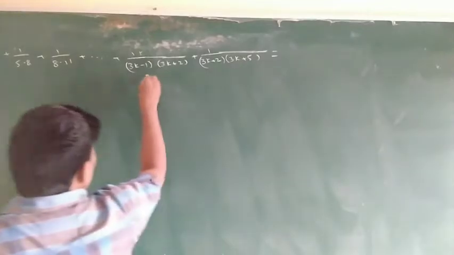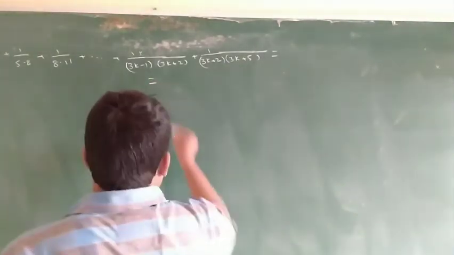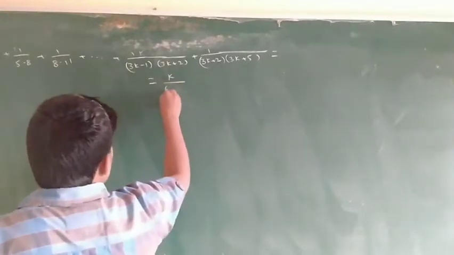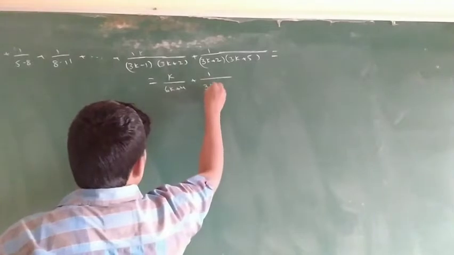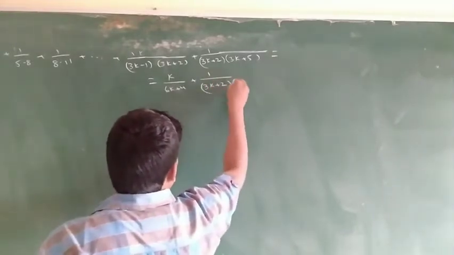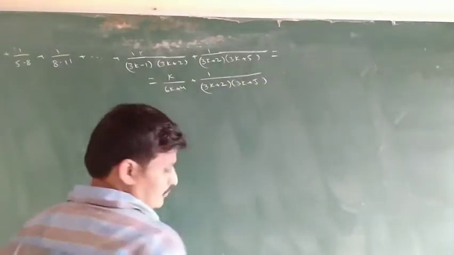That is equal to what? k by 6k plus 4 plus 1 by 3k plus 2 into 3k plus 5.